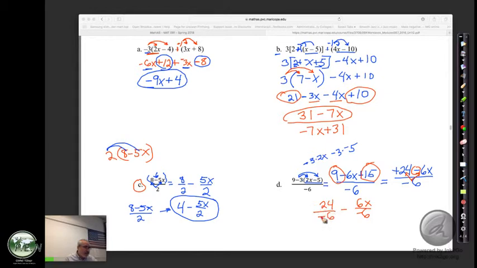Positive divided by negative gives us a negative, and that's going to be 4. 6 divided by 6 is 1. A negative times a negative here is going to give us a positive. And what's left behind? Just an x. So that one actually simplifies to a nice little simple negative 4 plus x.